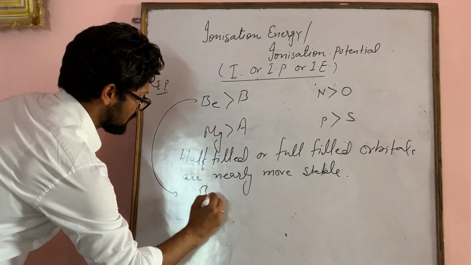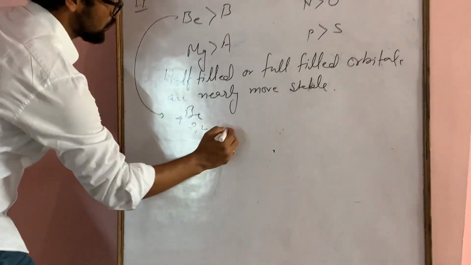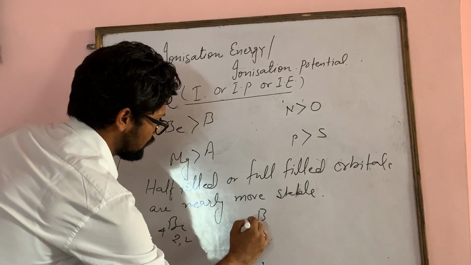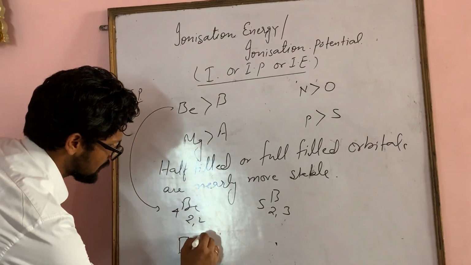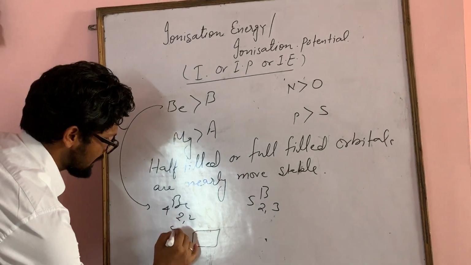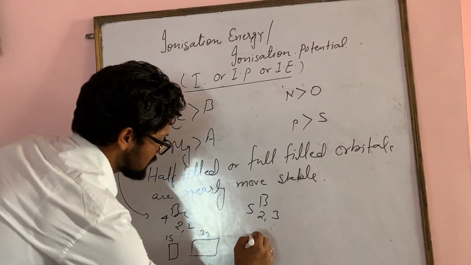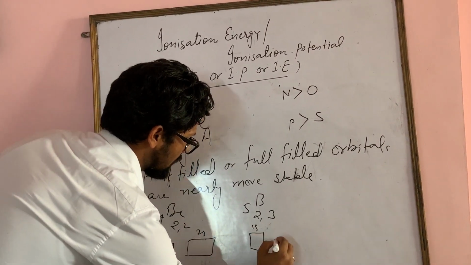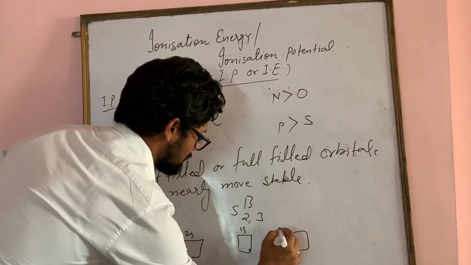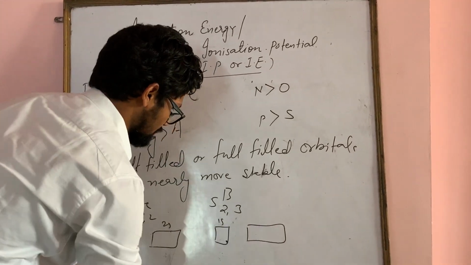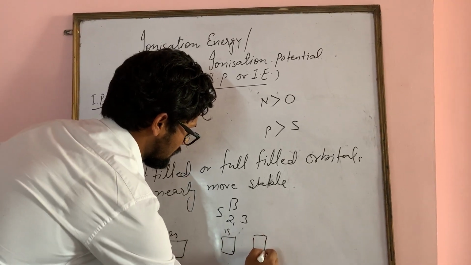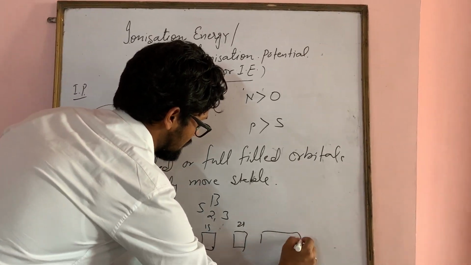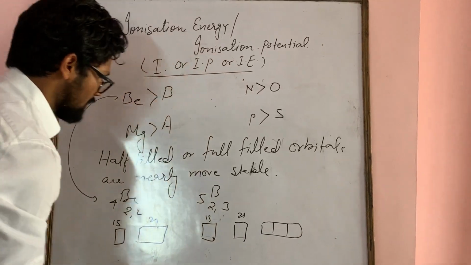Beryllium's atomic number is 4, so the configuration will be 2, 2, and boron is 5, so it is 2, 2 and 1. If you make the orbital diagram, this is 1s, then here 2s, and then will be the p orbitals.